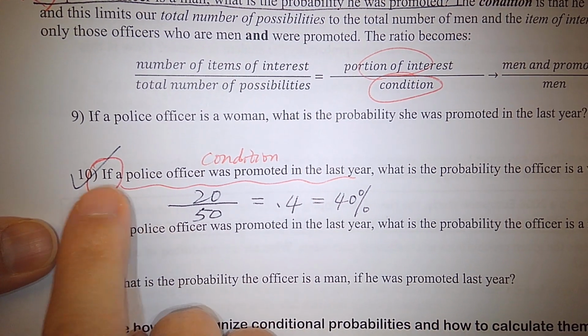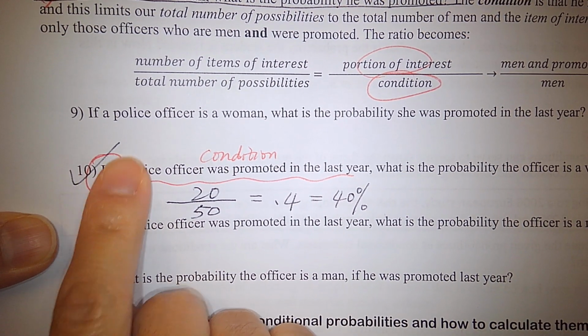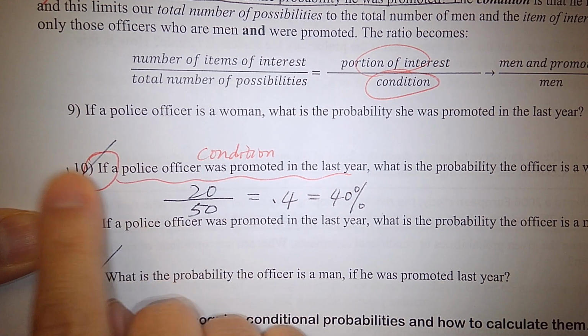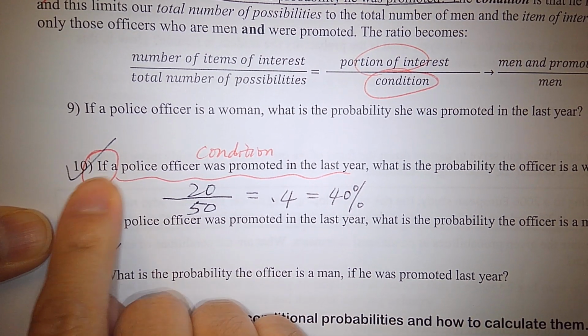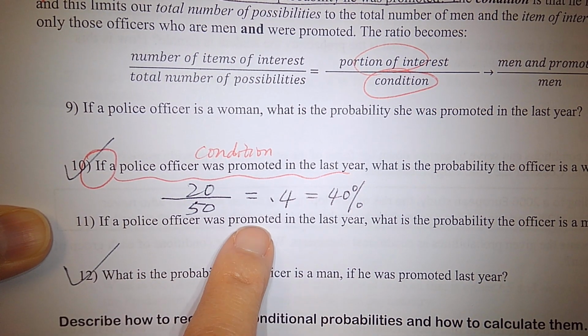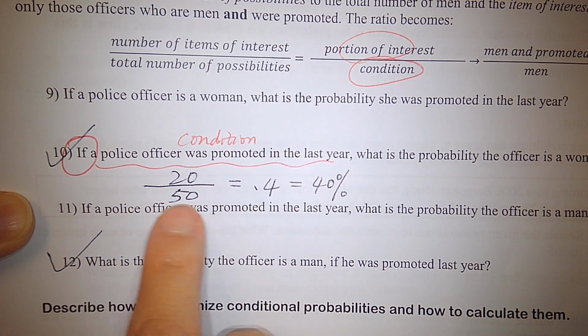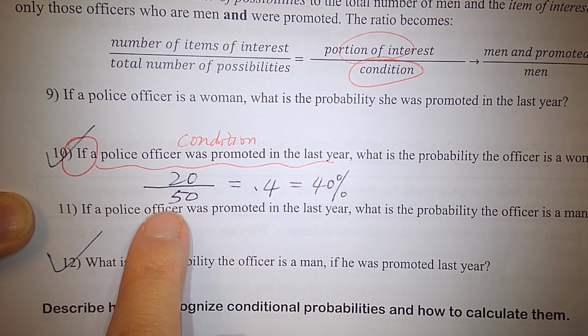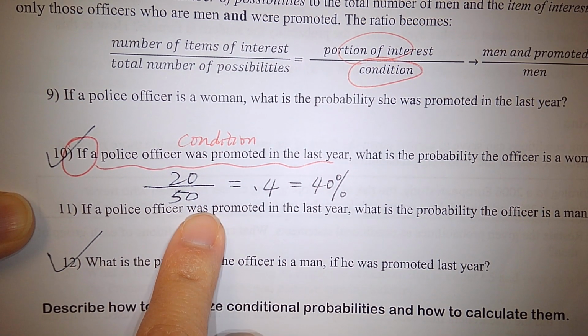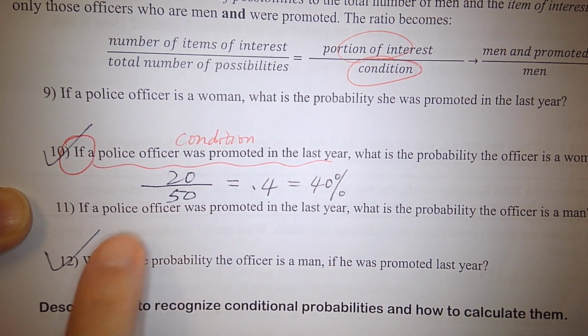You guys do see that? We have to really pay attention to whether there's an "if" sentence. If there is, it is conditional probability. We're not dividing by 200 here; we're dividing by the condition. Are you clear about question 10?